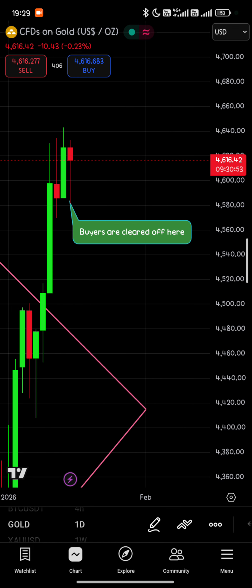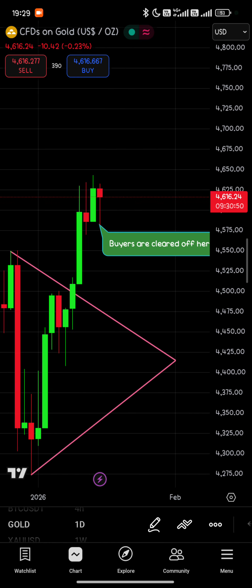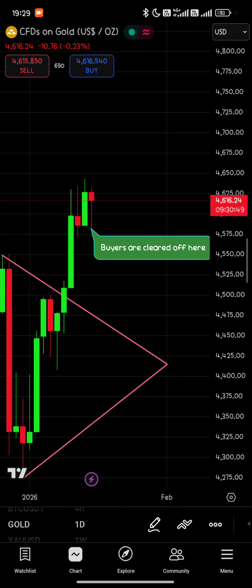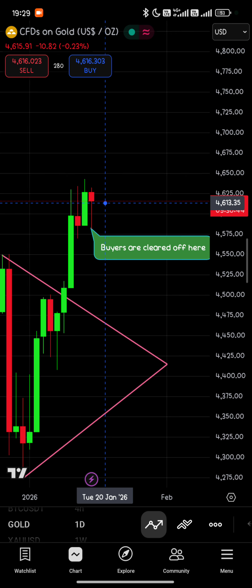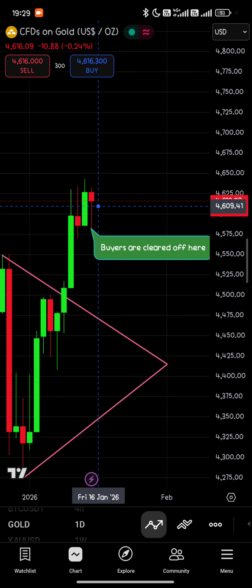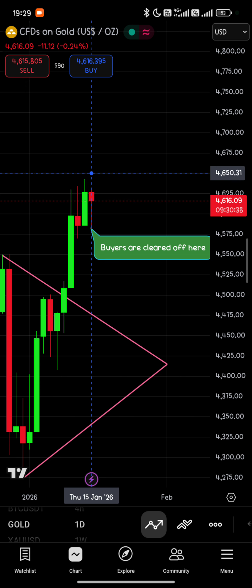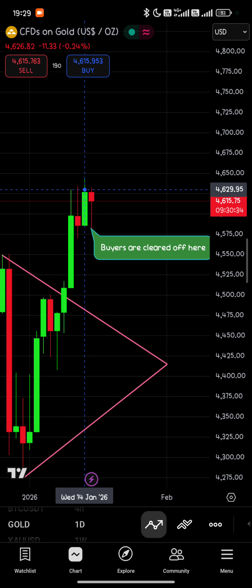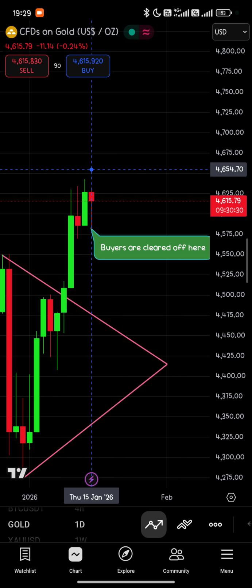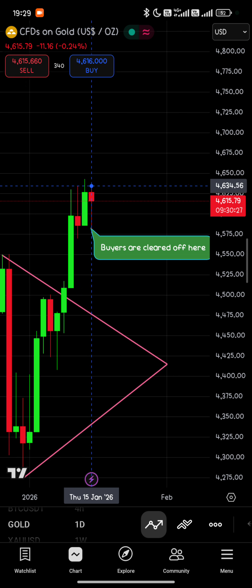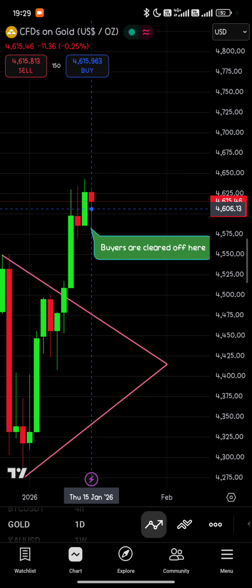So when we know that buyers are cleared off here, and then the price pulls back, the thing is, price pulling back like this means that if it is not going to close as a red candle, it will be pushing up to create a green candle, pushing up above the previous candle's wick, the previous candle high, and then close above the previous candle high, or either push up and then pull back again.